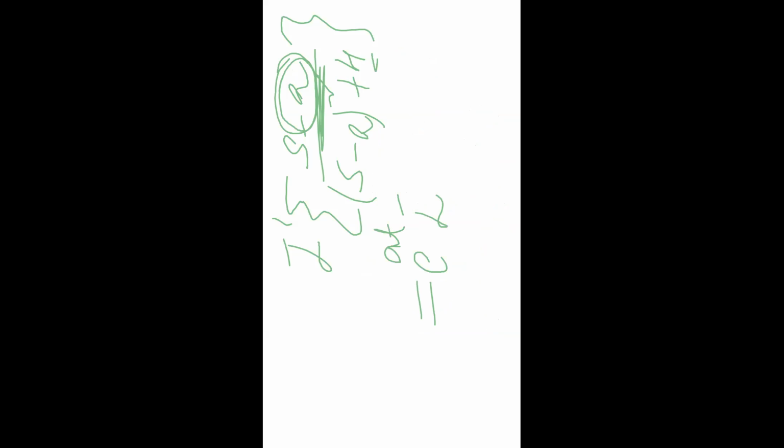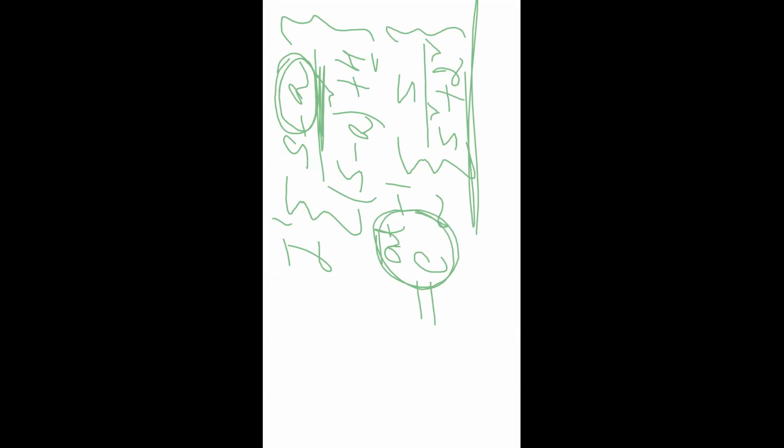Then we can replace s minus a with s, s by s square plus 2 square. This is another way. First we write the exponential and replace s minus a with s. E power at, and the formula of s by s square plus 2 square equals cos 2t.